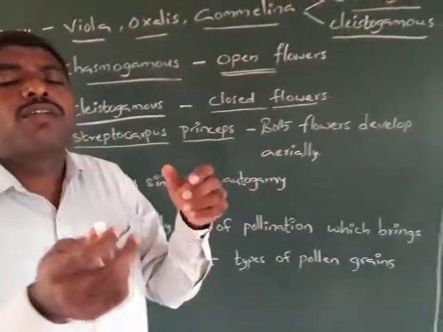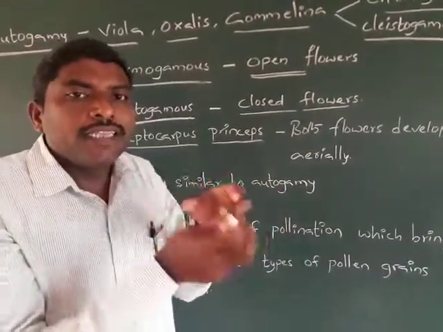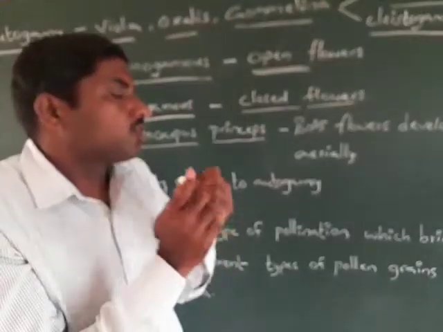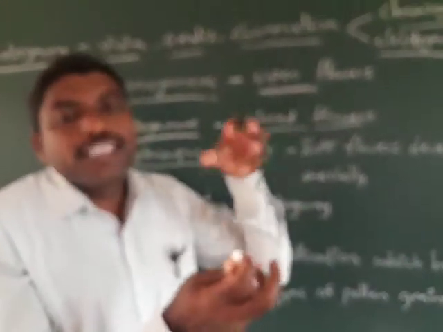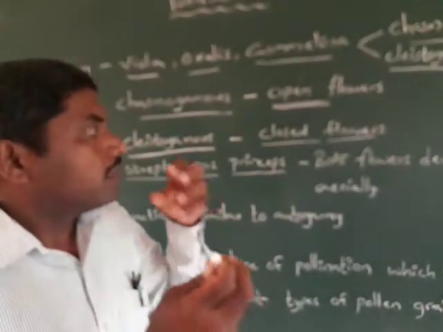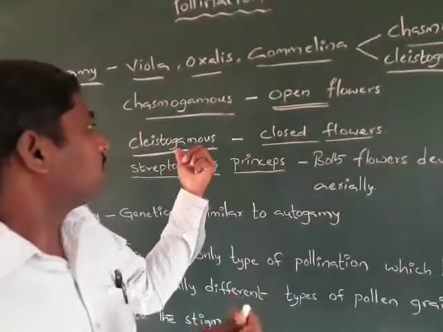So the pollen grains reach the stigma within the closed flower. This is the type of fertilization that occurs in Cleistogamous flowers.